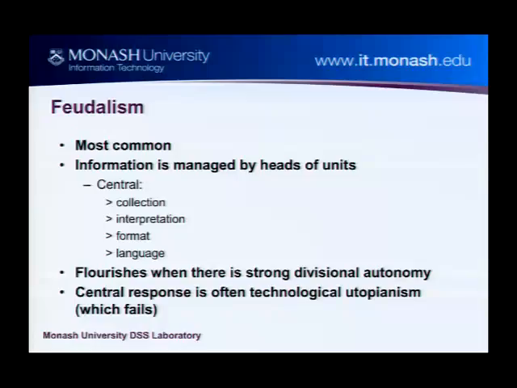And there may be centralised collection, interpretation, formatting, language, the policies about information, but on the ground, the control, the power itself tends to reside in the individual business units. So this tends to crop up particularly when you have a very decentralised organisation. The corporate governance, when it's very decentralised, encourages an information governance structure that's decentralised as well.